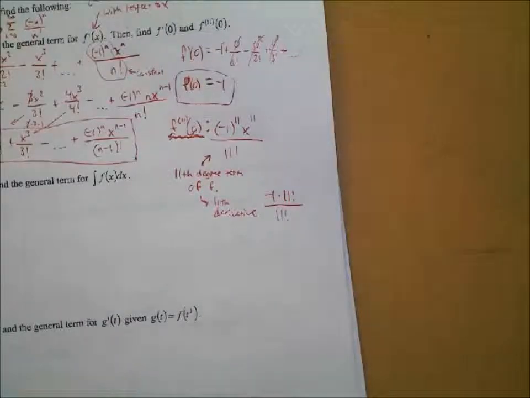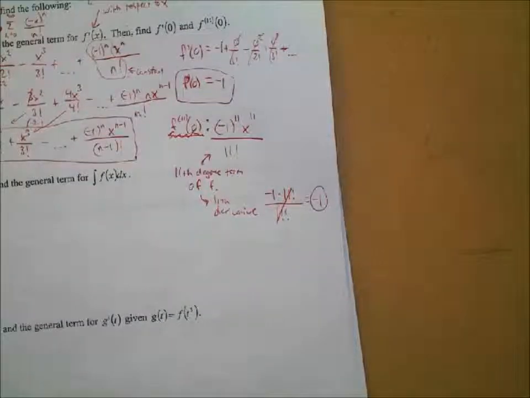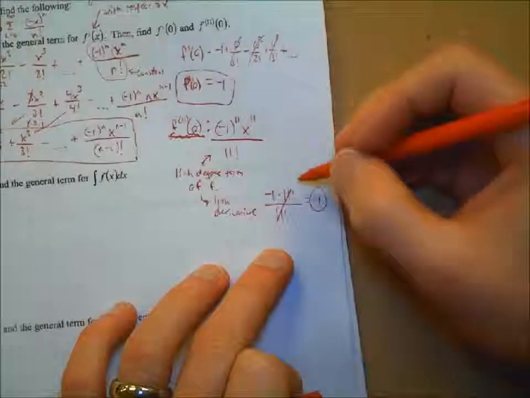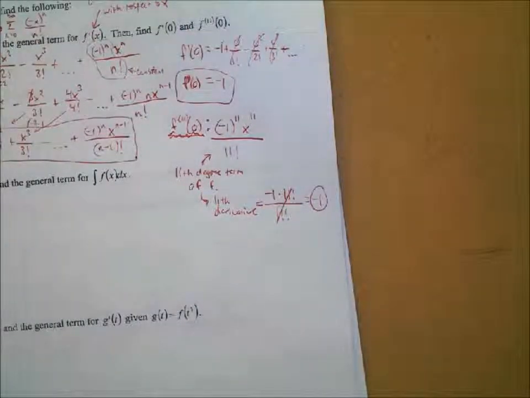What happens to those 11 factorials? They cancel, and we're left with just negative 1. So we end up with negative 1 as our answer for the 11th derivative.